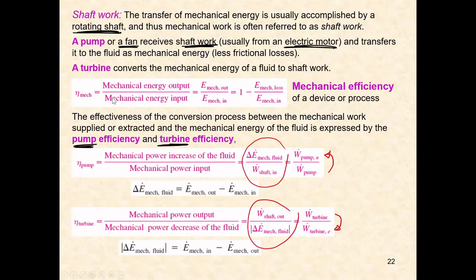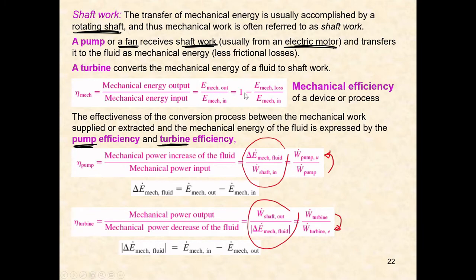So the reason we are talking about this is that we are interested in the efficiency, the mechanical efficiency of a device or a process. The mechanical efficiency is equal to the mechanical energy output divided by the mechanical energy input. So you have an input of mechanical energy, and then at the top you have a mechanical energy output.